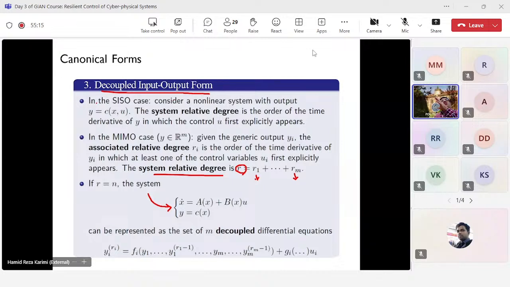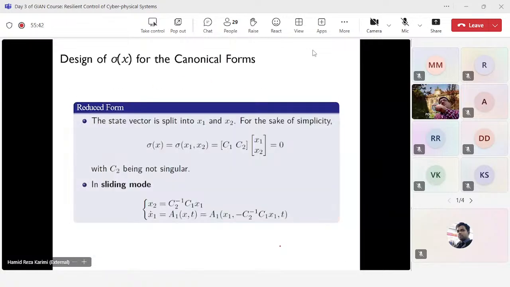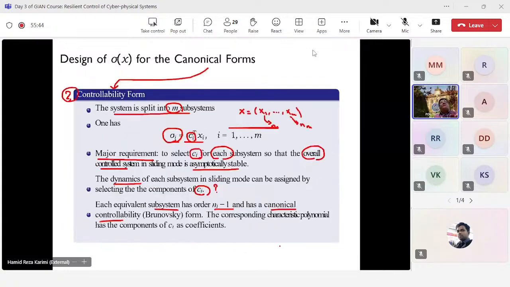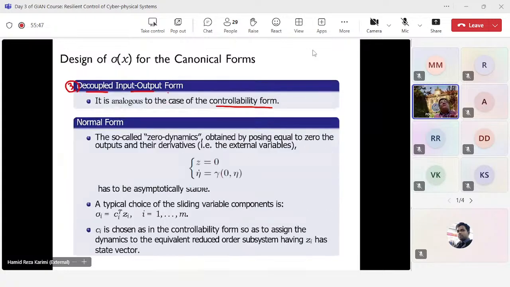So in this shape, you need to take the Ri-th derivative of yi such that ui appears. So this is your decoupled form, and if you find it, it is very similar to the controllability form, and then you can apply the same idea. Okay, so you can see that the decoupled input-output form is also very similar to the controllability form.